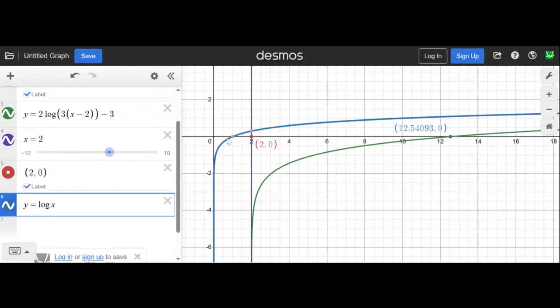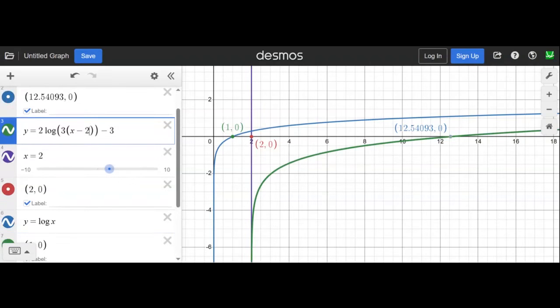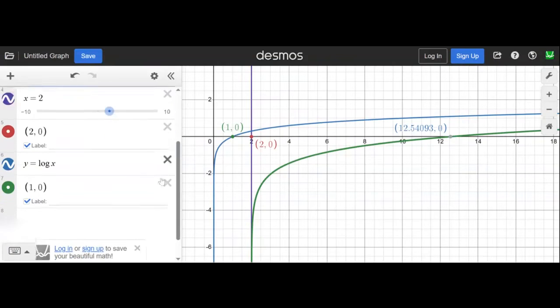So you can see clearly that the x-intercept is actually 1 and 0, but it has been shifted to 12.5409, because your vertical asymptote is just 2. So everything has been shifted.